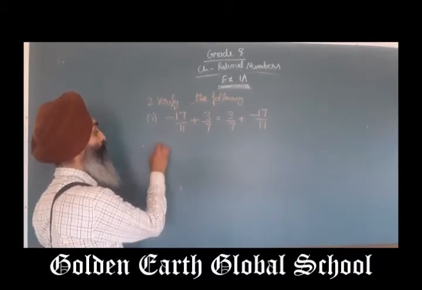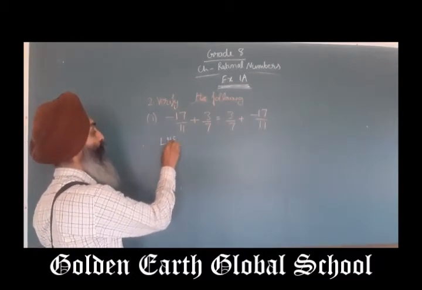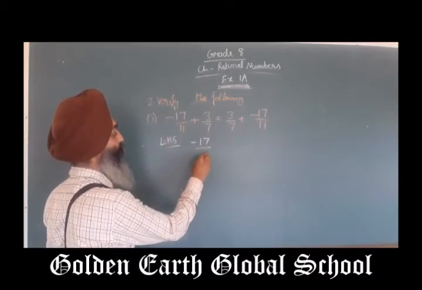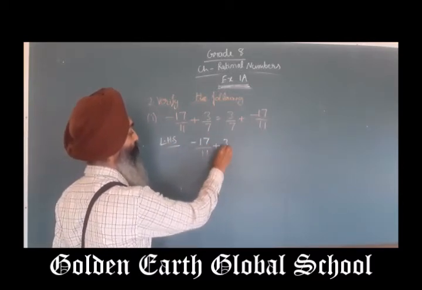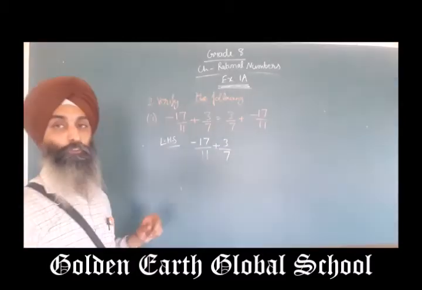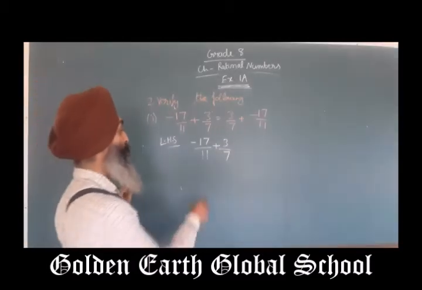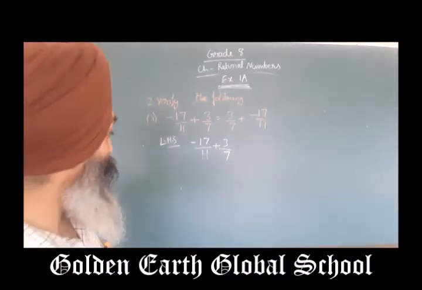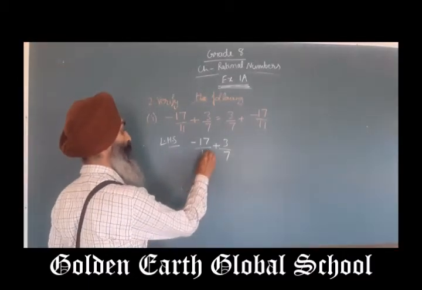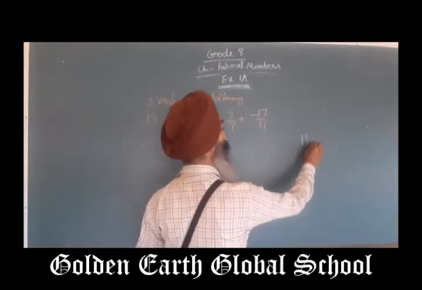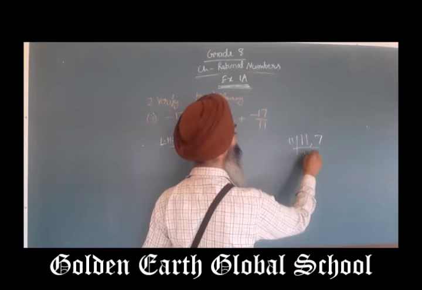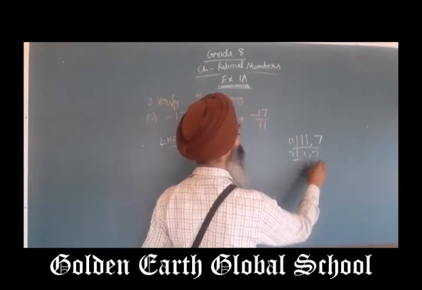So first of all, write down the left hand side, which is equal to minus 17 upon 11 plus 3 upon 7. Let's find the answer of this. As you know, the denominator is not the same, so we will take the LCM of 11 and 7, which is equal to 77.